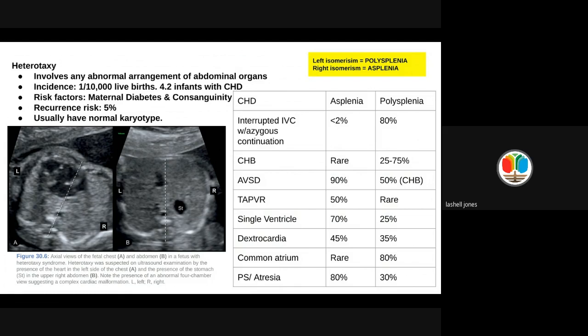What I've seen from the exam, you definitely have to be familiar with the differences between left isomerism, right isomerism. Okay, so with your left side, you have many spleens. Okay, you're gonna have congenital heart block, and then you'll have, it says here, heart block with AVSD, 50%. I have it side by side so you can see what occurrence is in relation to the left side versus the right.